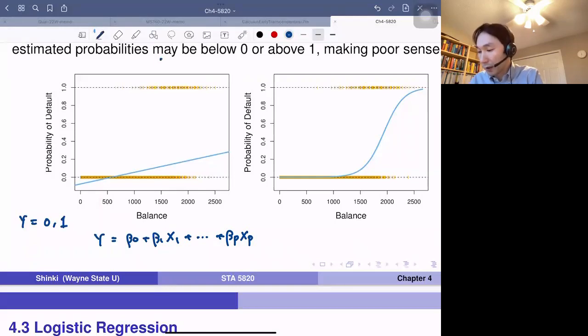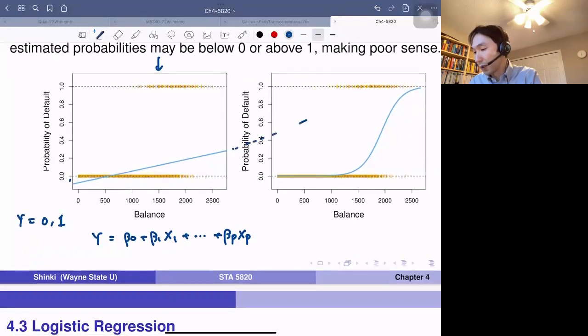The fitted line looks like this, but a fitted value of less than 0, or if we continue, more than 1, does not make much sense. So we want something like the right-hand side.